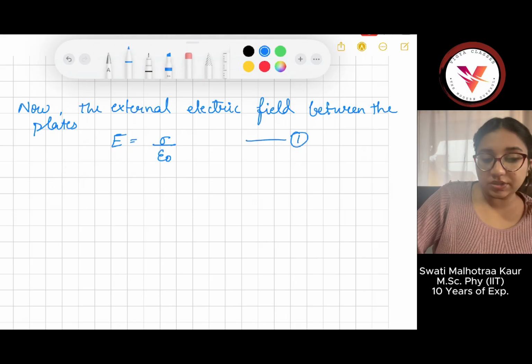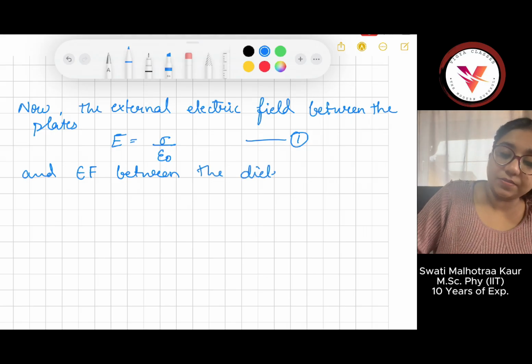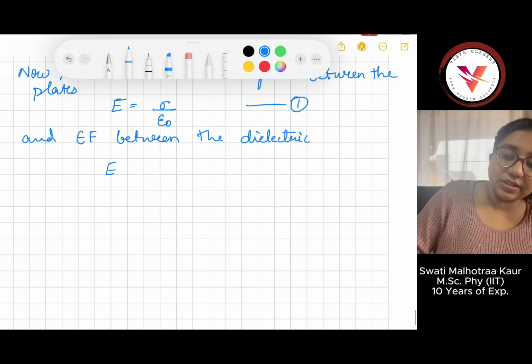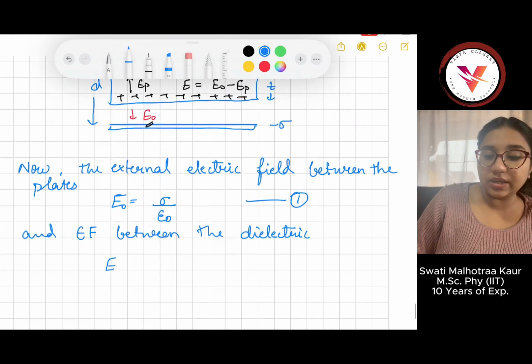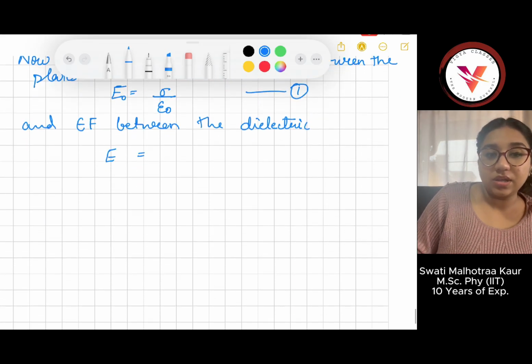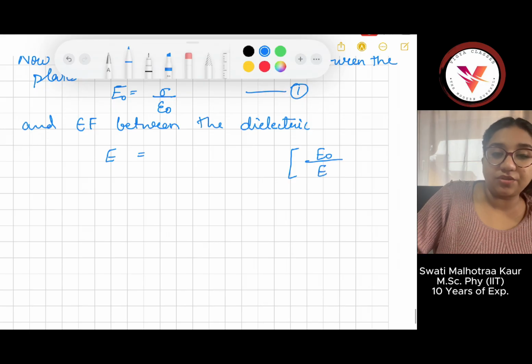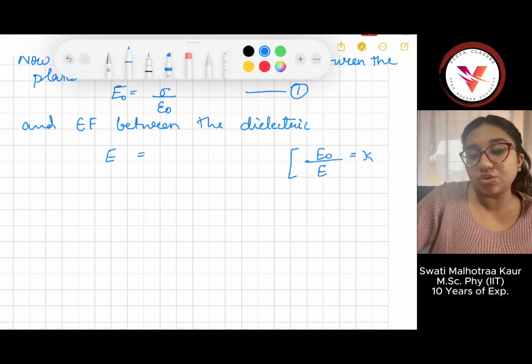Consider this as first, and the electric field inside the dielectric, let's take this as E naught and this one as E. Then what is E? Basically, the ratio of the external electric field to the net electric field in the dielectric slab is equal to kappa.